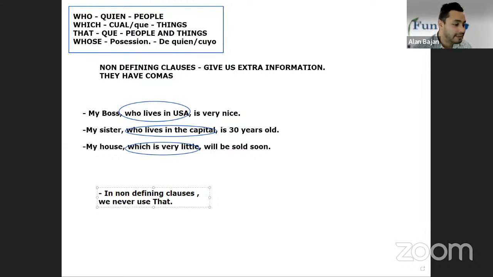Edwin says, my sister who works in Guatemala will travel to El Salvador. Great. My favorite book, which is really cool, that's why it's your favorite book, will have a movie. Great example. My house, which is white, will be painted tomorrow.